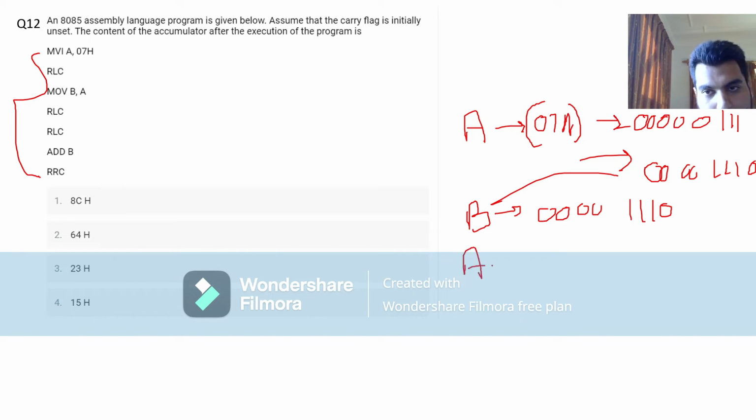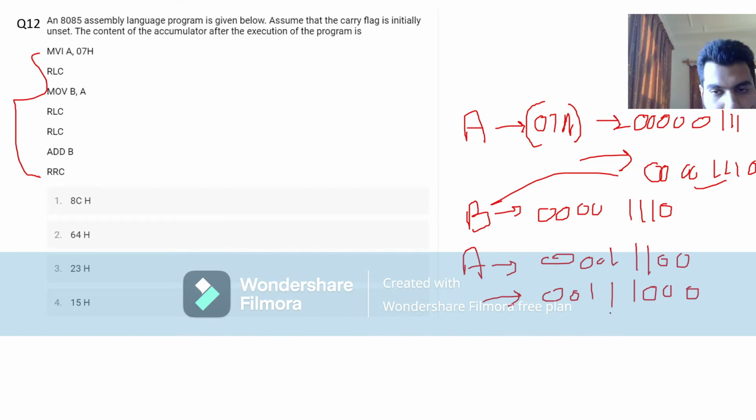So A will be left shifted by 1, and then again a left shift operation is performed, so it will be 00111000.